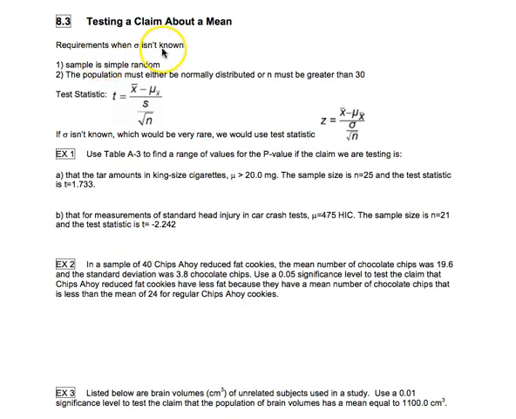Because why would we know the population standard deviation and not know the population mean is the thought. So this is a very rare case. So usually it isn't known. And when it isn't known, we require that the sample be simple random.